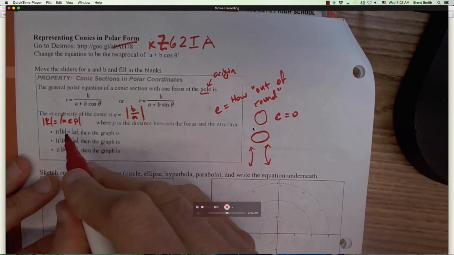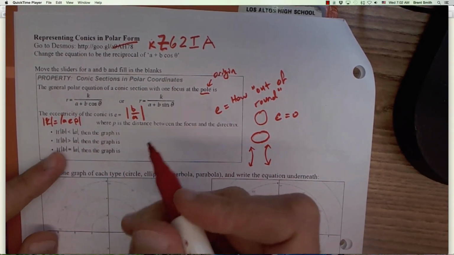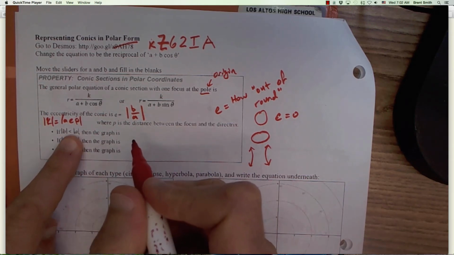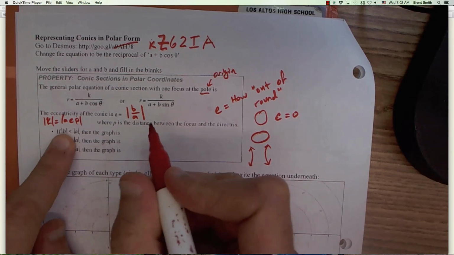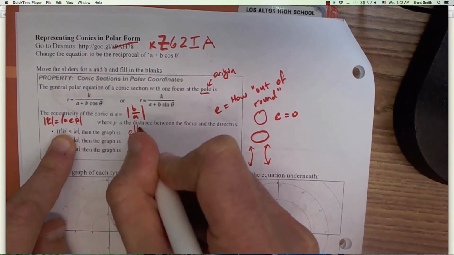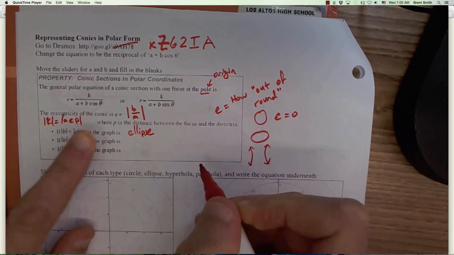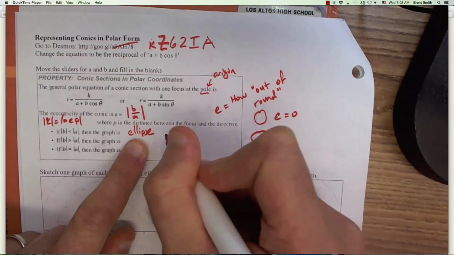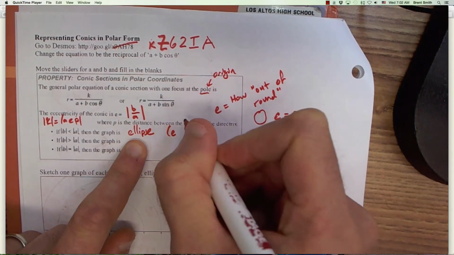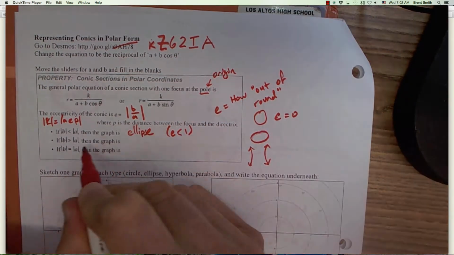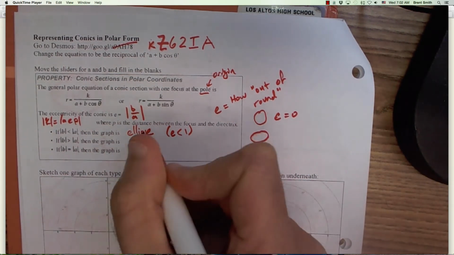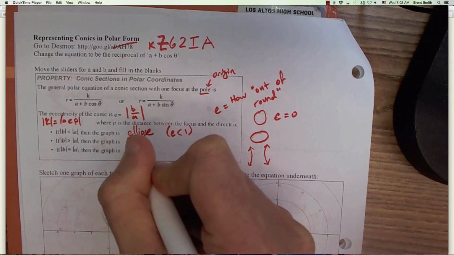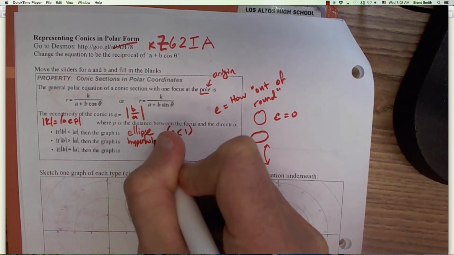Okay, so again, our rules: if B is less than A, this is kind of stated backwards. If A is stronger than B, it's able to withstand it. That's going to be an ellipse, and for an ellipse, our eccentricity is going to be less than 1. If B is overpowering A, it's going to have that loop again, and that's going to be a hyperbola.